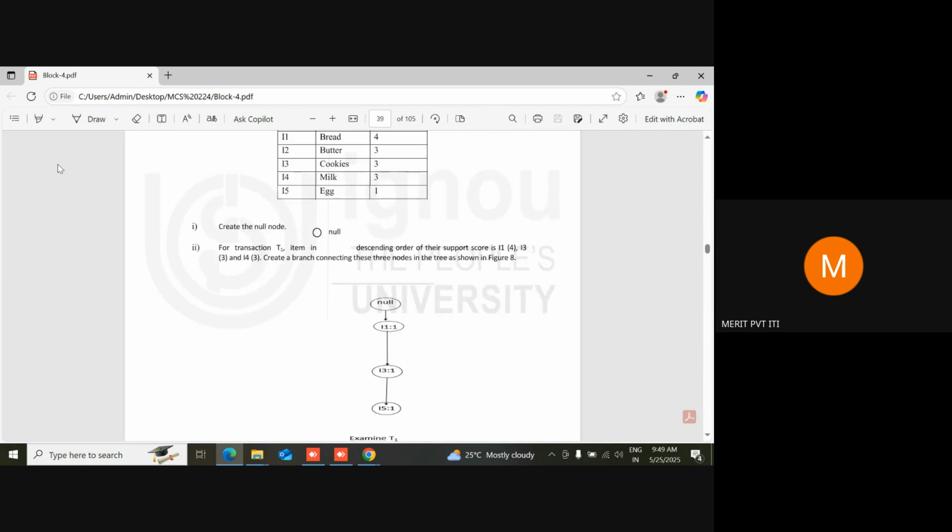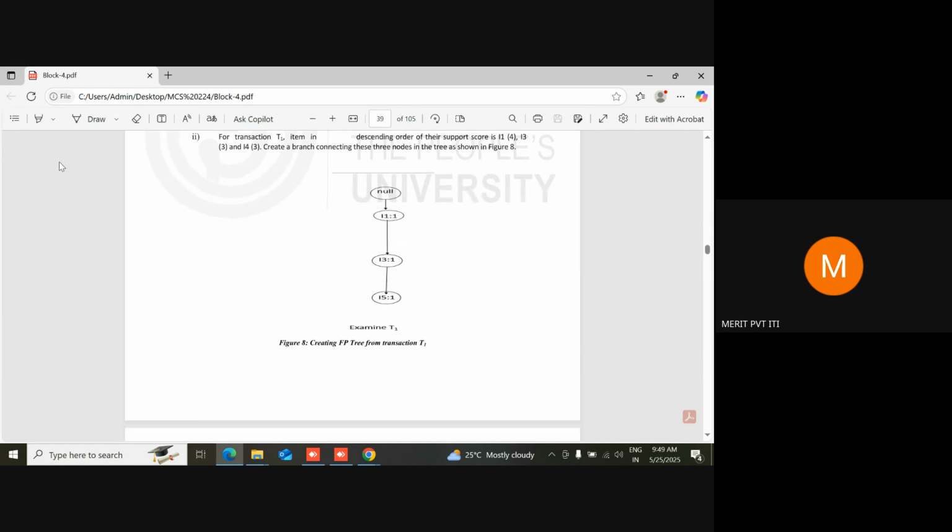That type of thing is where people are more vegetarian, not egg eaters. I think the Agarwals and all of them were more vegetarian, not egg eaters. So that's creating the FP tree from transaction T1.